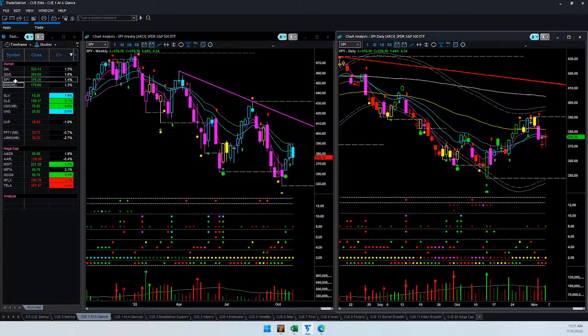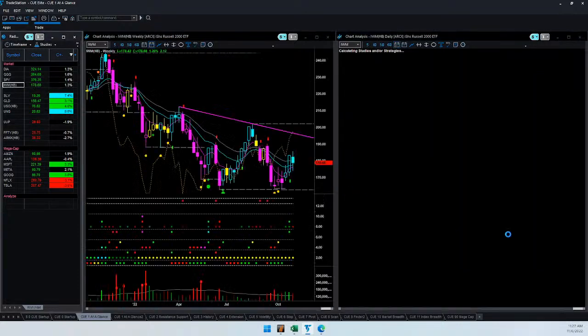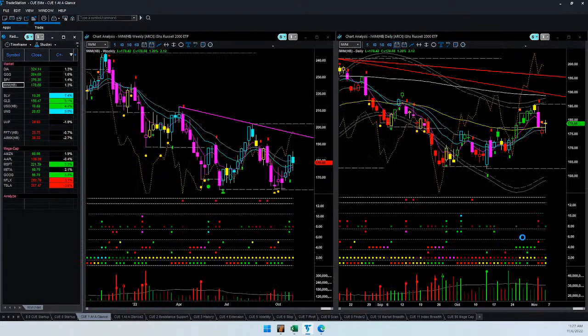What about IWM, small cap ETF? Here also you notice the backdrop color is actually bullish, remaining bullish for 3 weeks in a row. Daily has higher low, higher high, did pull back, went up on Friday. What I am looking for now?